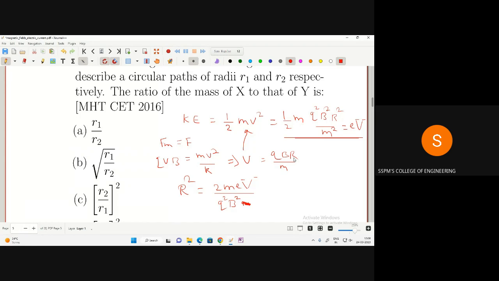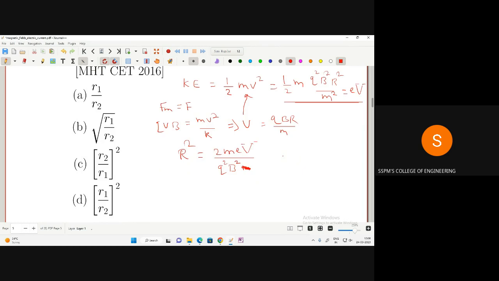Then taking 1 by m on the right hand side, it becomes 2 m e V divided by q squared B squared. So we can say that for the cyclotron motion, R squared is directly proportional to m, where R is the radius of the circle and m is the mass of the electron, keeping potential V, q and B constant.